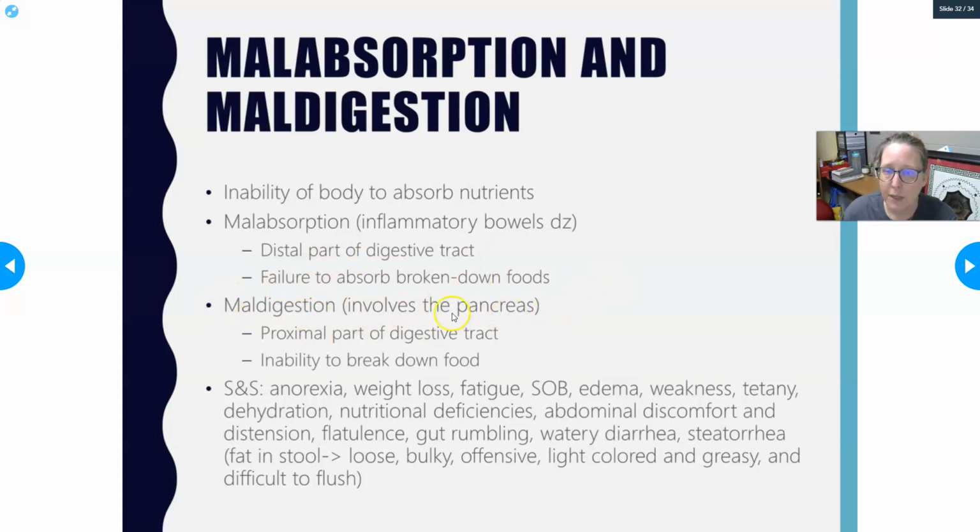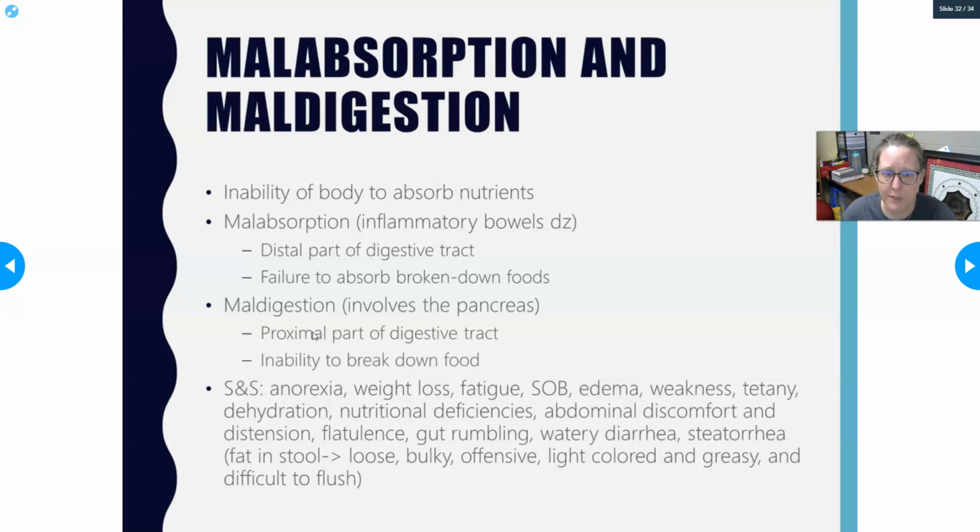Maldigestion, though, involves the pancreas, and it happens in the proximal part of the digestive tract, and it's the inability to break down food because the pancreas is not producing an adequate amount of the enzymes. And that can be remedied, as we just mentioned with cystic fibrosis, by supplementing with digestive enzymes.